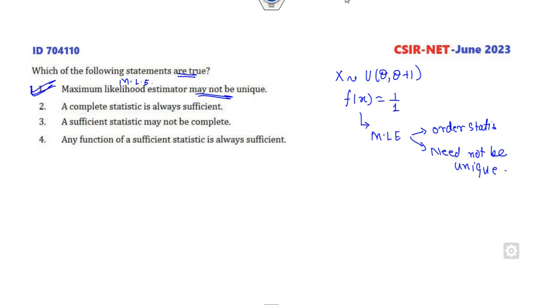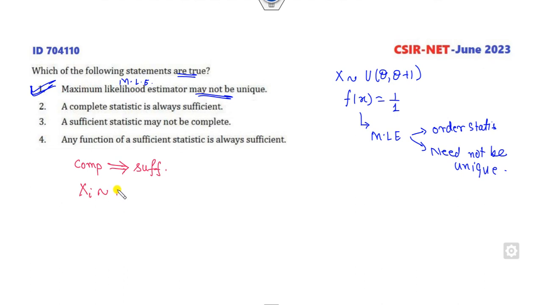Look at the second option. They are talking about a complete statistic always being a sufficient statistic. It means they are saying complete implies sufficient. So we have to think about an example which is complete but not sufficient. That's very simple.